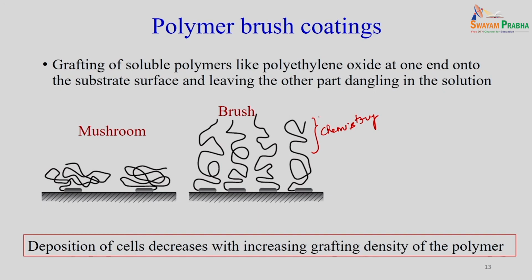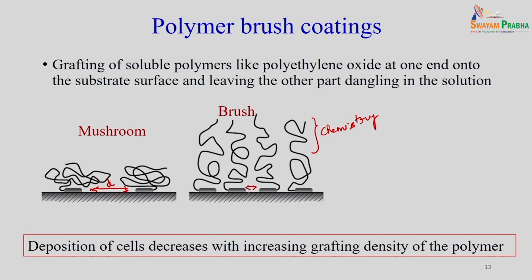So, particularly these polymeric brushes are desired for antibacterial coating. Depending on this, if you just see the distance D between two polymer chains, it is going to regulate the conformation.